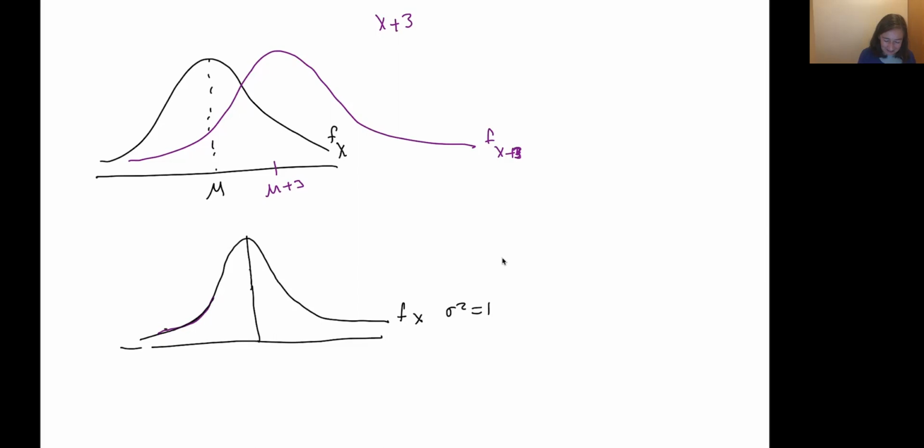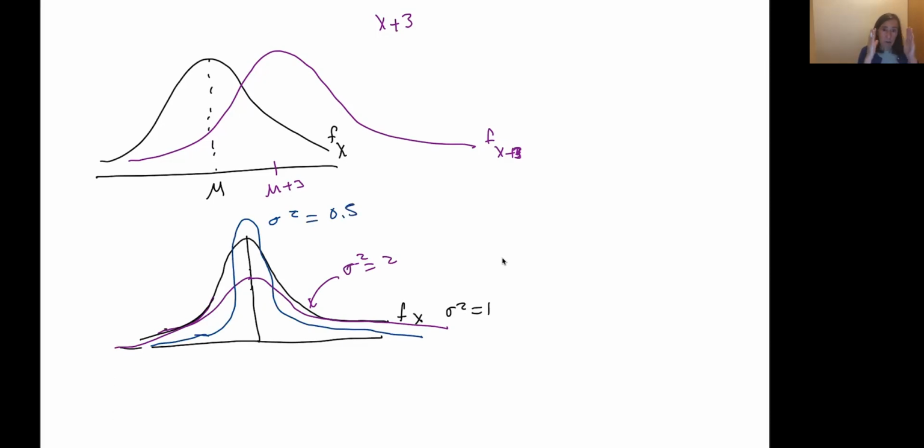Okay, so let's try, and here's another bell curve that has maybe a higher variance. And if I wanted to add something with like sigma squared, it's 1/2, an even lower variance. Okay, so the lower the variance, the more squeezed towards the mean the normal distribution is.